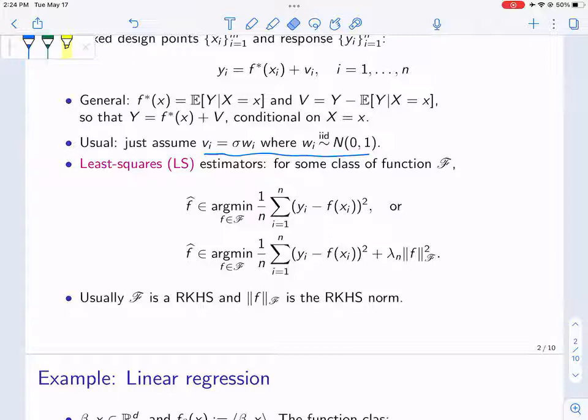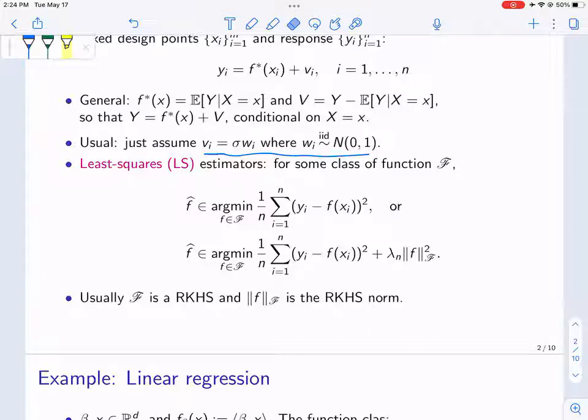But these are the traditional kinds of things that you might want to do. Whether you can actually solve these problems in their generality is a different question. From a statistical perspective, you can consider these estimators. In practice, they're often infinite dimensional problems because you have to optimize over a class of functions. It may or may not be possible to even approximate the solution, but that's something that we don't worry too much about here.